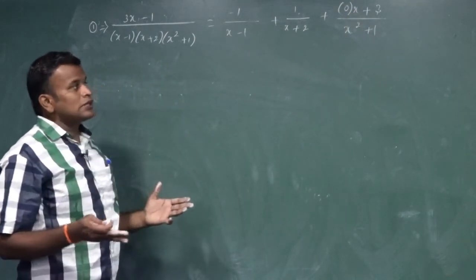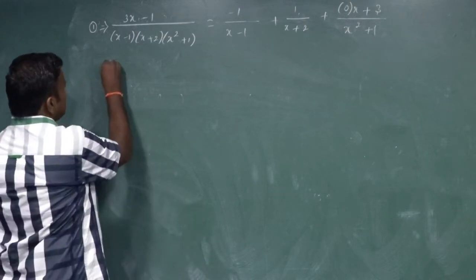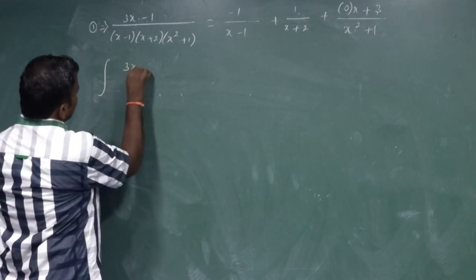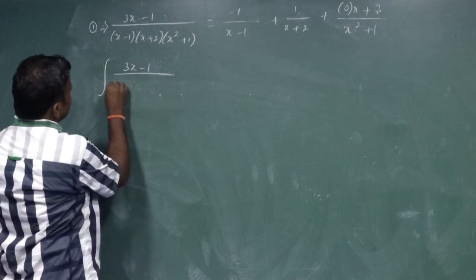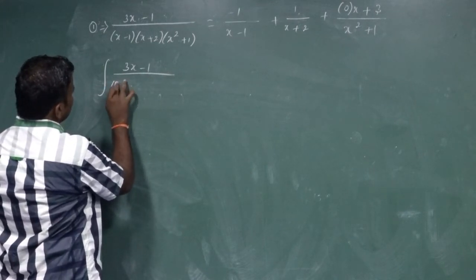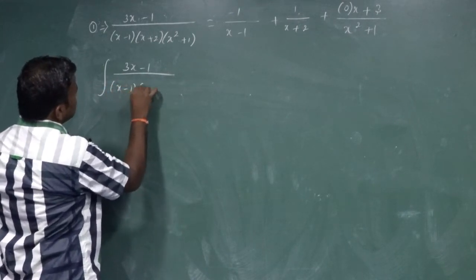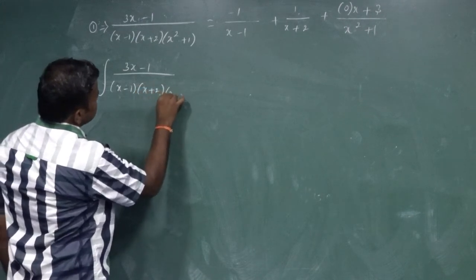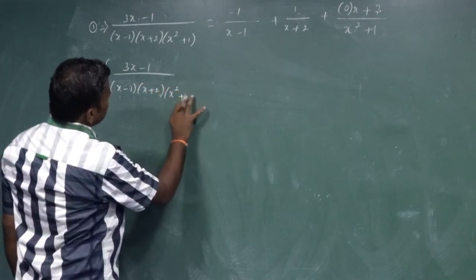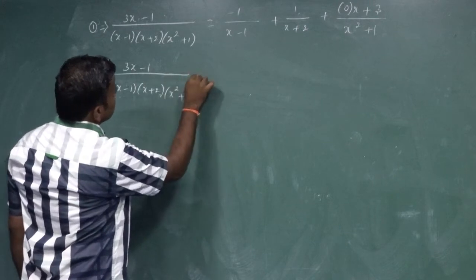The next step is taking integration. So integration of 3x minus 1 divided by x minus 1 into x plus 2 into x square plus 1.